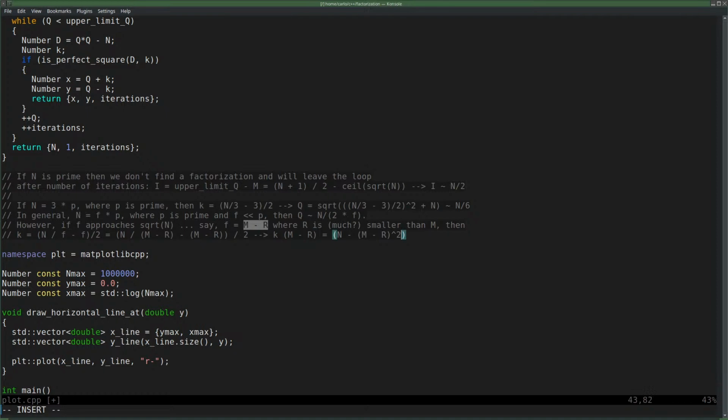Now let's leave the 2 as well on this side. K times M minus R is N minus M minus R squared. So I multiplied both sides with 2 and with M minus R.